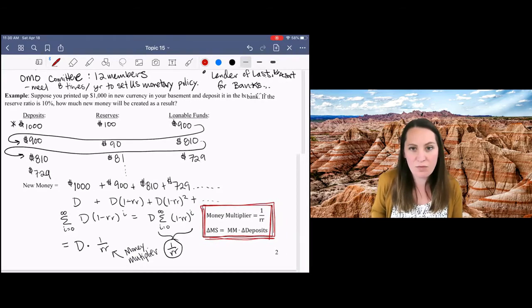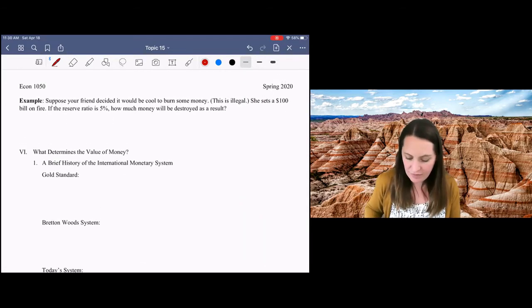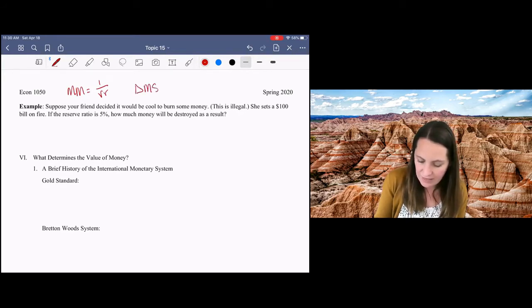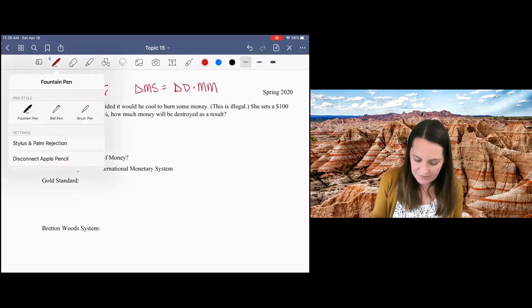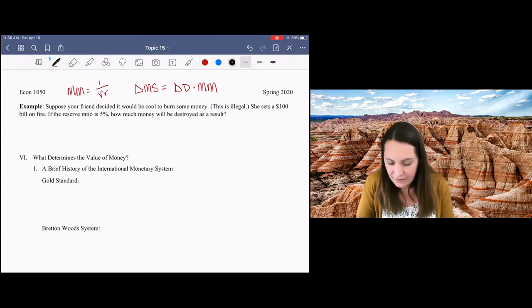All right, so let's do one more quick example to see how this would work. Okay, remember, our money multiplier is 1 over the reserve ratio, and change in money supply will be equal to the change in deposits times our money multiplier. All right, so in this example, somebody decides to burn some money.